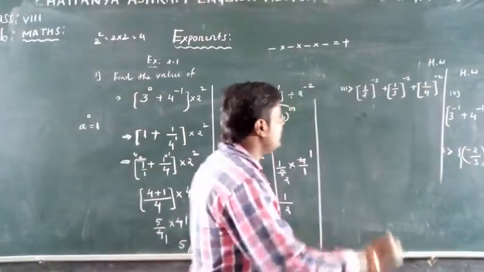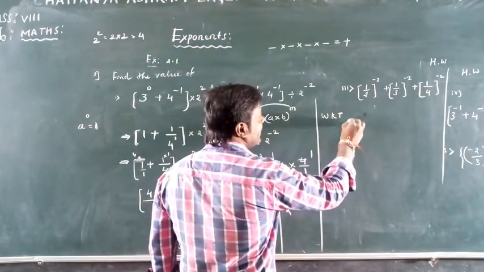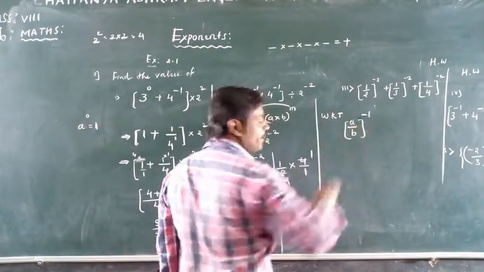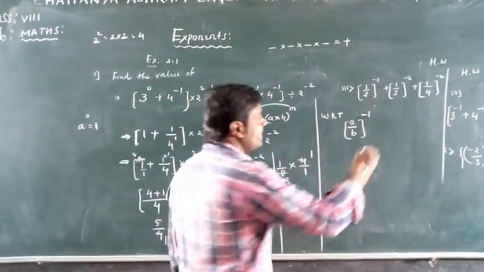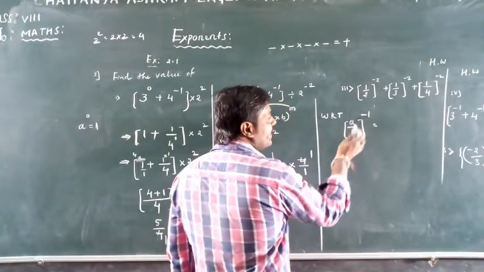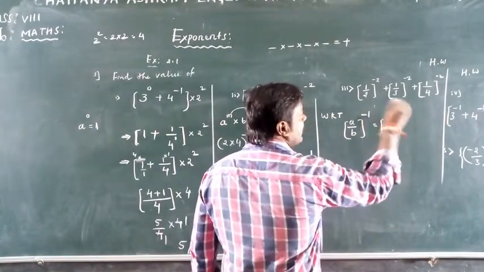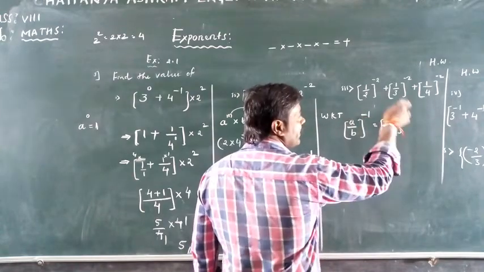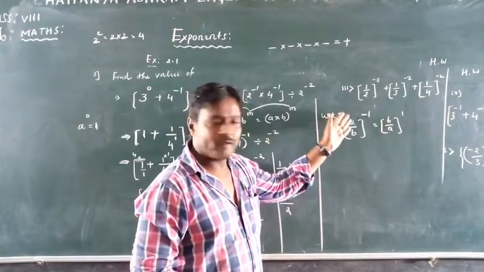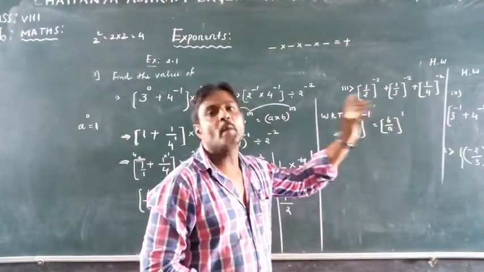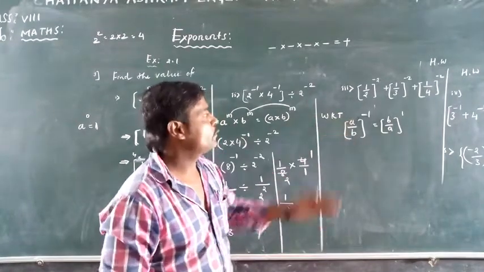We know that when the base is a fraction a by b and the power is negative, its positive exponent is simply obtained by interchanging numerator and denominator, that is b by a, and write positive power. Here it is minus 1, here it is plus 1. So this is the conversion of a negative exponent to a positive exponent when the base of the exponent is a fraction. Clear? So do the same.